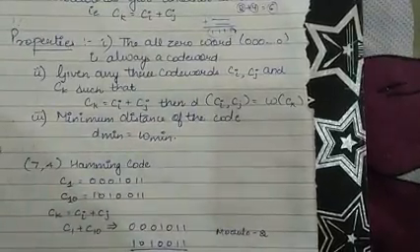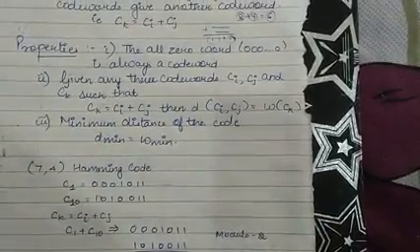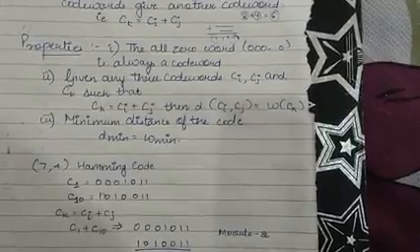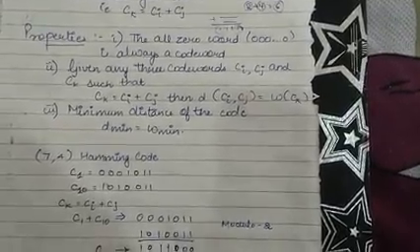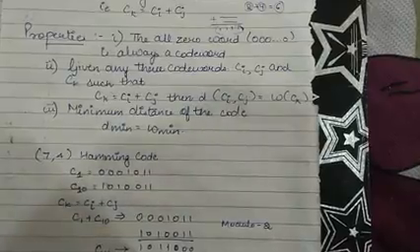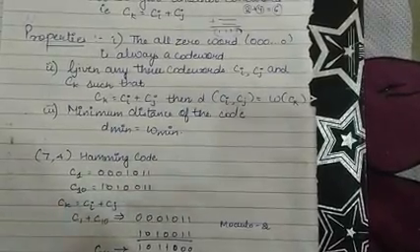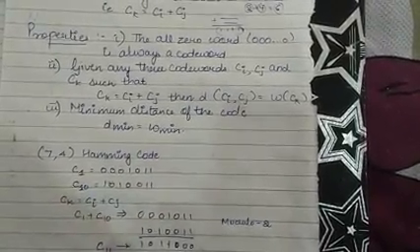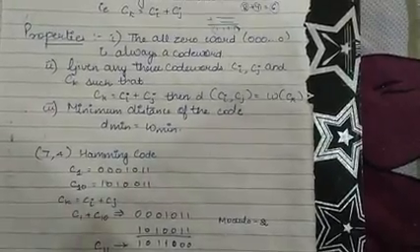There will be a question given, like some sort of Hamming code. By using the technique of Hamming code, we can find whether that code is a linear block code or not. How can we find that?